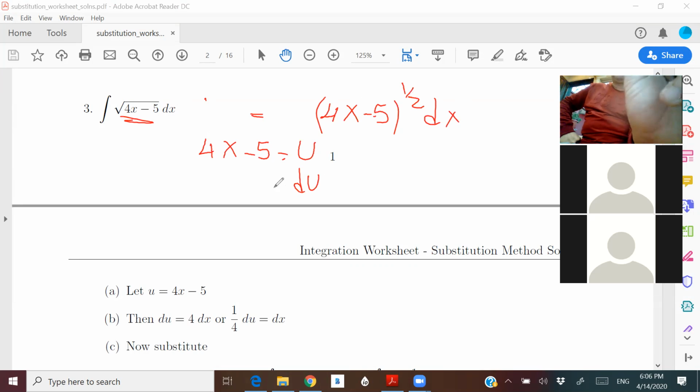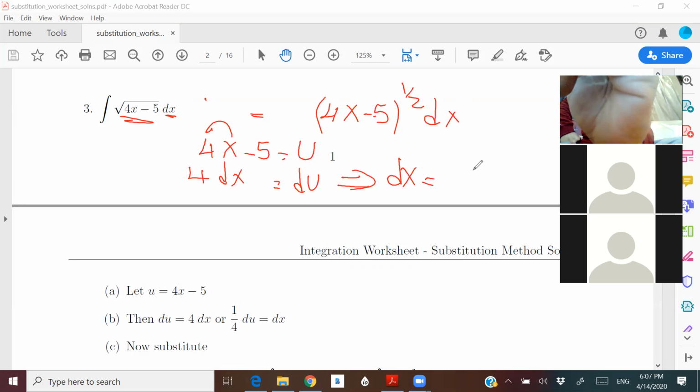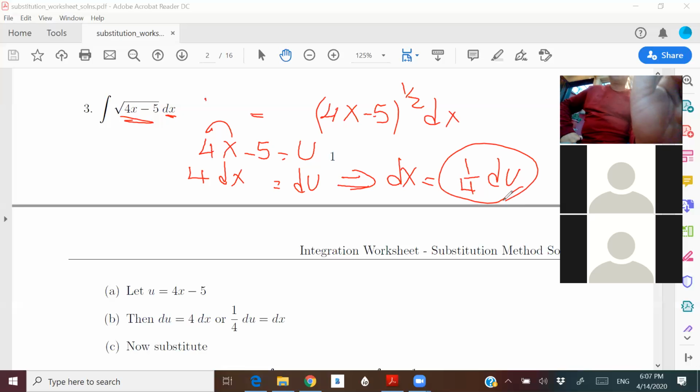It means du equals 4 dx, just 4 and dx. So I'm going to replace dx by 1/4 du. So I have two replacements: one for dx, which is 1/4 du, and one for 4x - 5, which is u.